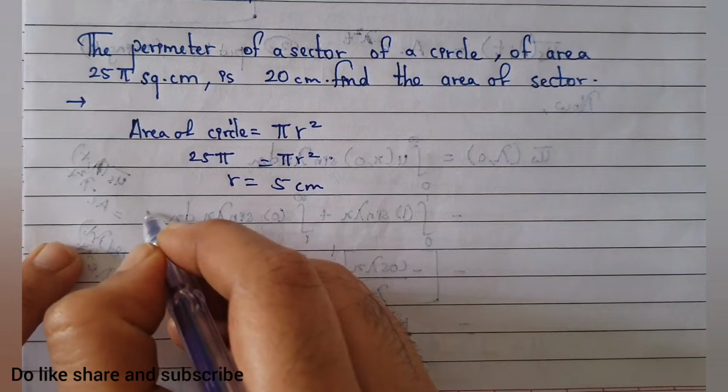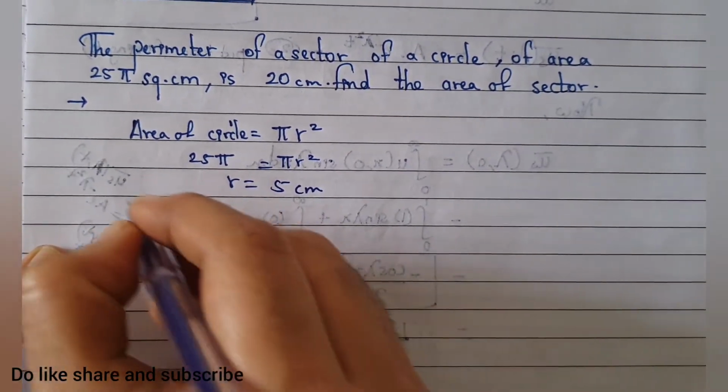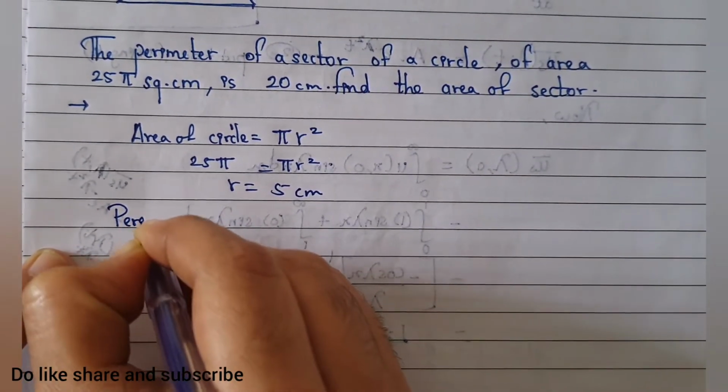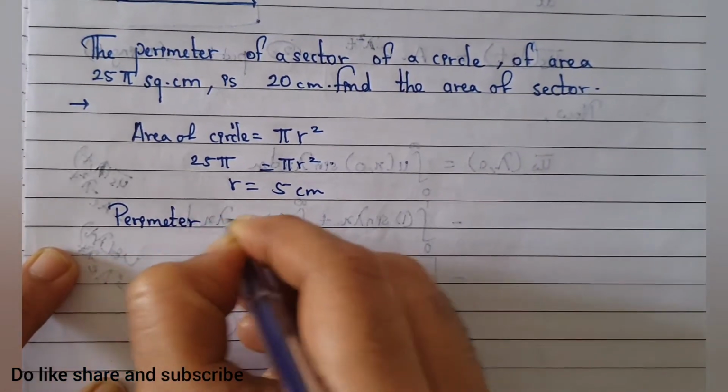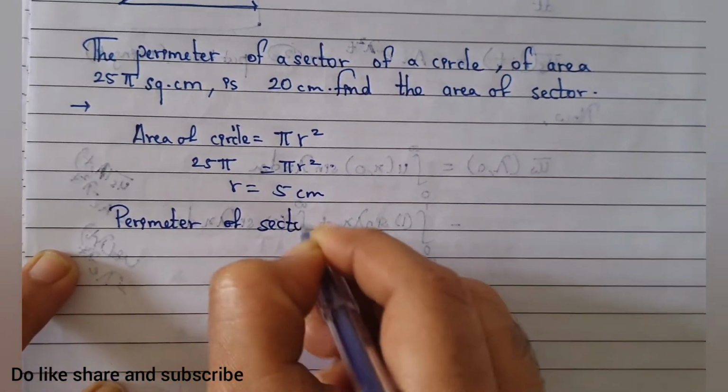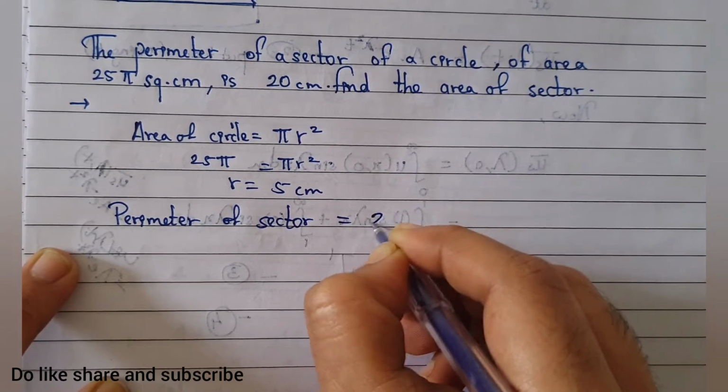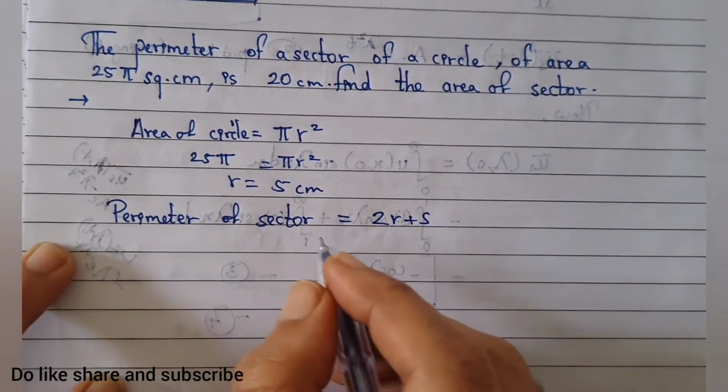Now the perimeter of the sector is equal to 2r plus s.